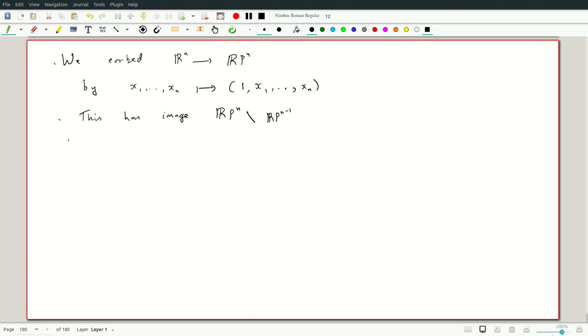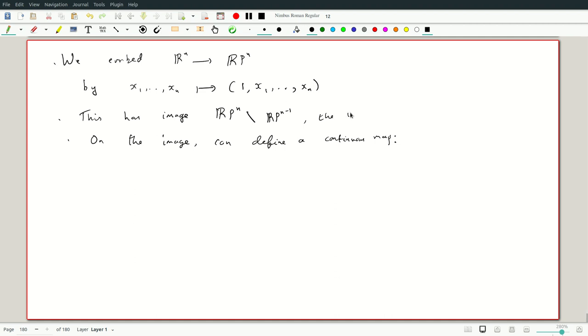And on the image, we can define a continuous map. Okay, so in fact, I could write this more clearly, which is the image.